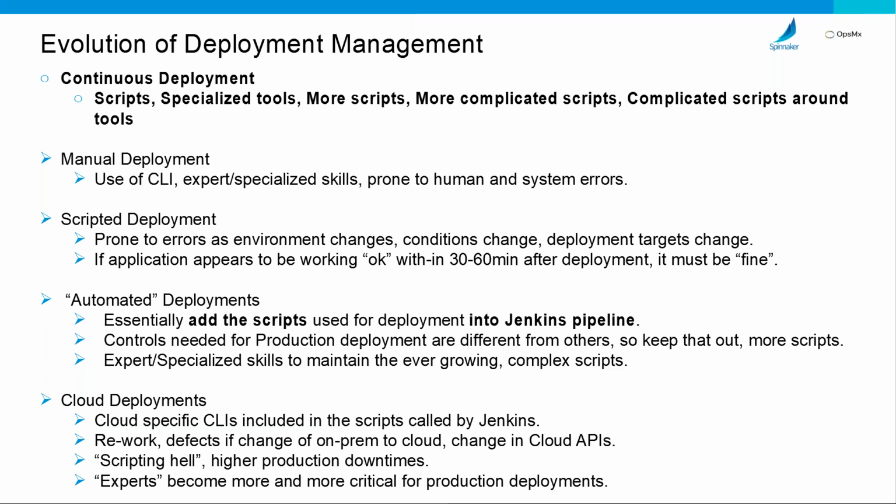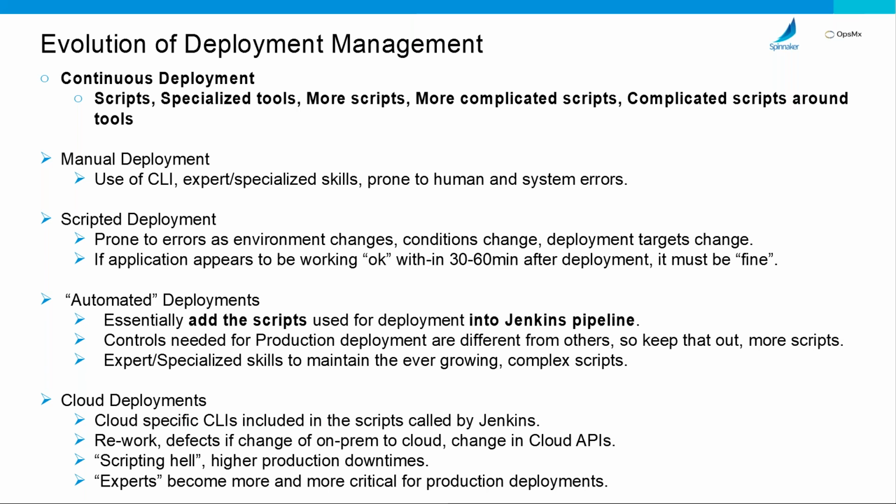Added to that, we also have an additional dimension of cloud deployments. Cloud has added a different dimension to the complexity of deployment, because now you have command line tools, APIs, and so forth.